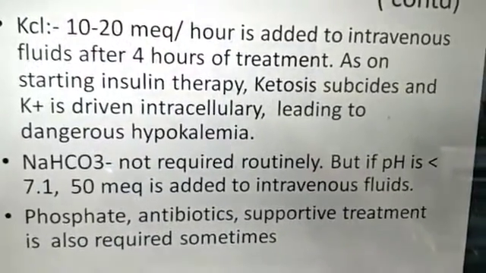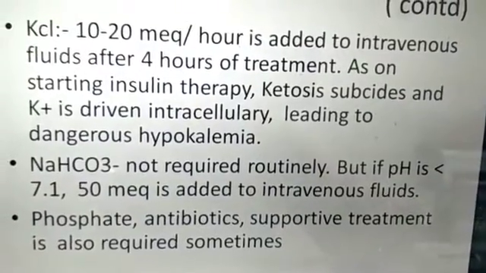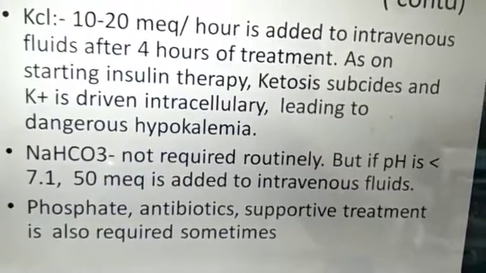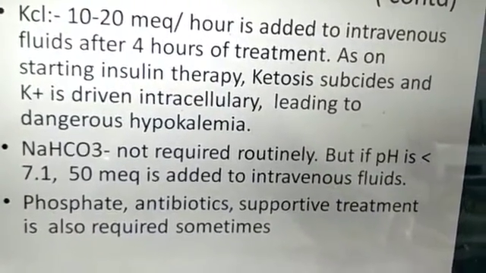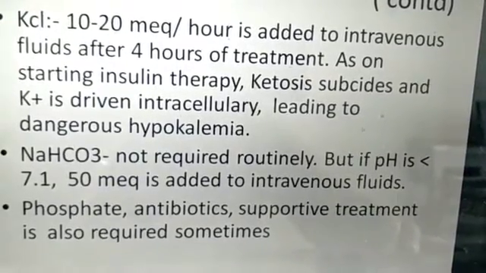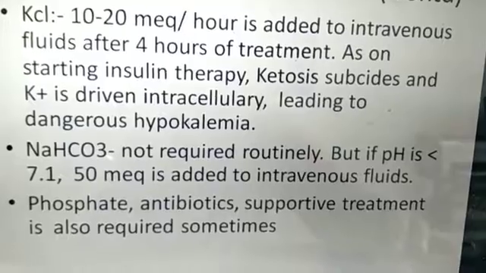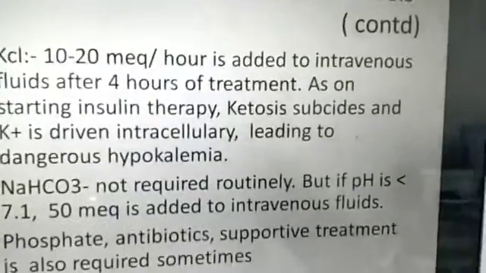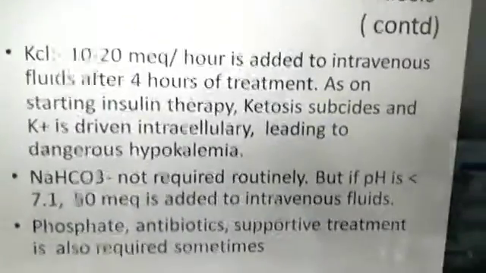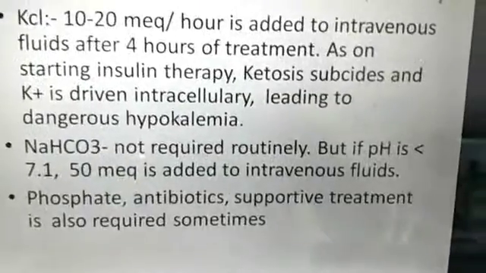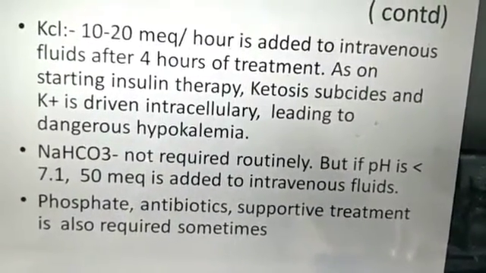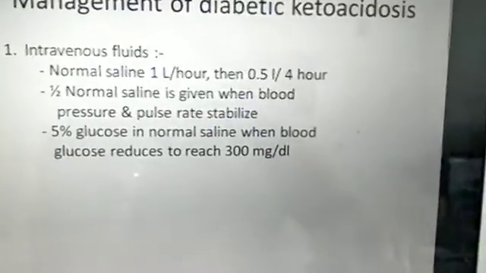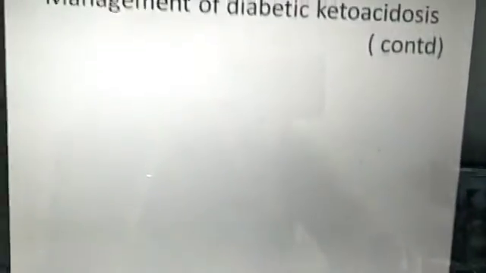Potassium chloride to check against the hypokalemia which may occur due to movement of potassium from blood into the cells, and sodium bicarbonate for acidosis, and then supportive treatment and antibiotics, or treatment of the condition which has precipitated diabetic ketoacidosis. This question is very frequently asked in your practical prescription as well as in your theory exam, so you need to remember it as such with the dosages and everything.